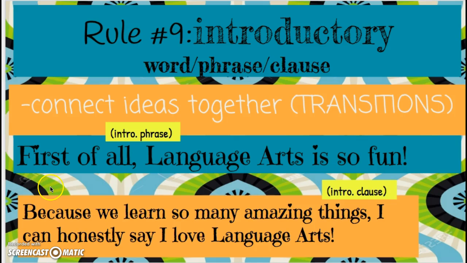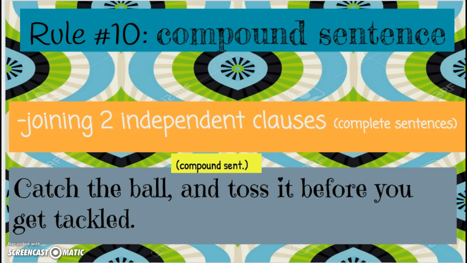Okay, once we've done that, we're going to move on to our compound sentences. This is rule number 10. So if you need a comma, sometimes it could be because it's a compound sentence and you're joining two independent clauses together. Okay, that means that they can stand on their own and be a complete thought or idea. So, catch the ball and toss it before you get tackled.